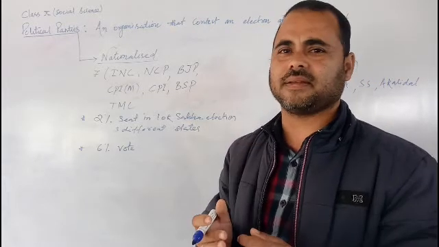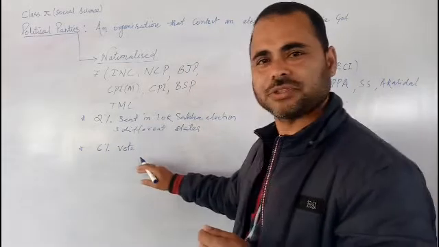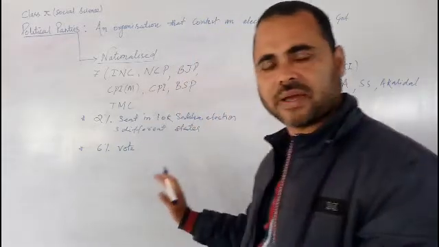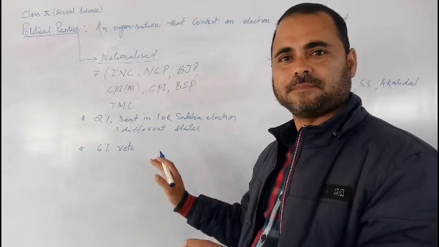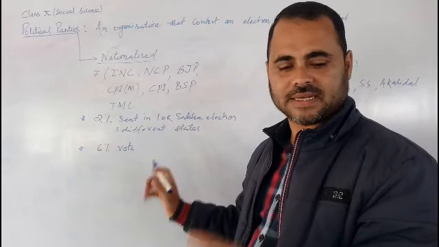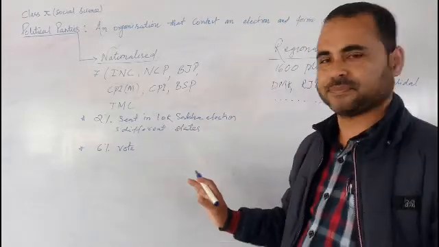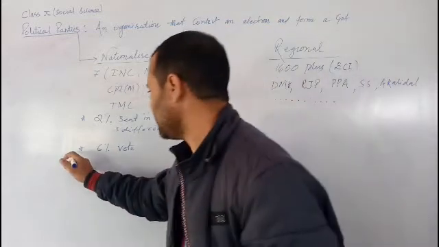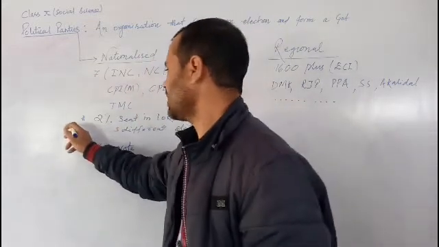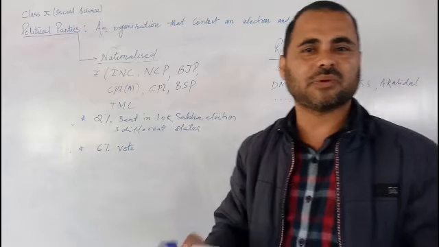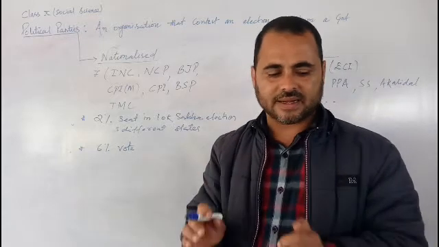This is another criteria. 6% of votes in the Lok Sabha and Vidhan Sabha election and 4% of seats in the Lok Sabha election. Then that regional political party is counted as what? A nationalized political party. Another criteria is what?